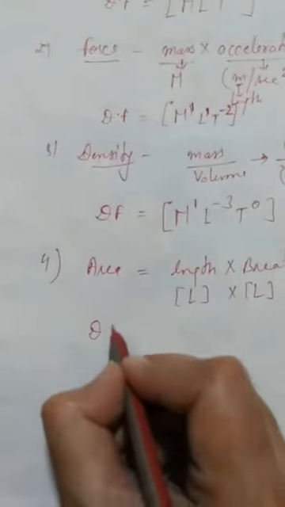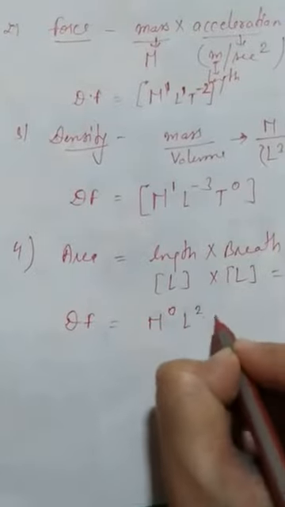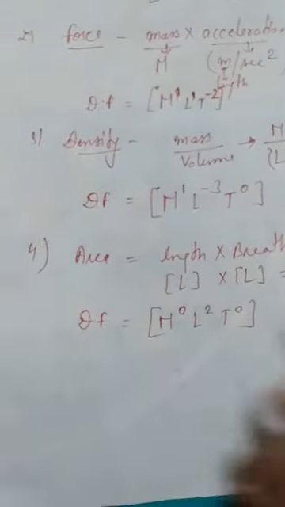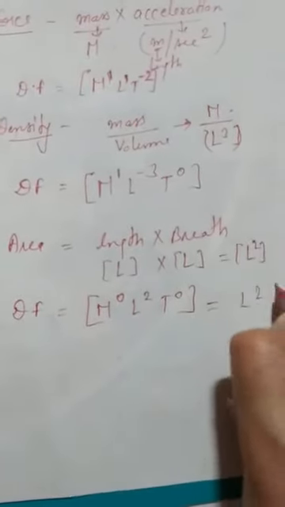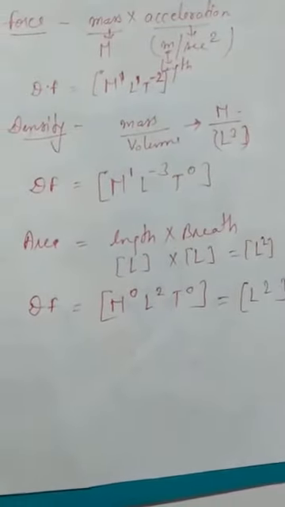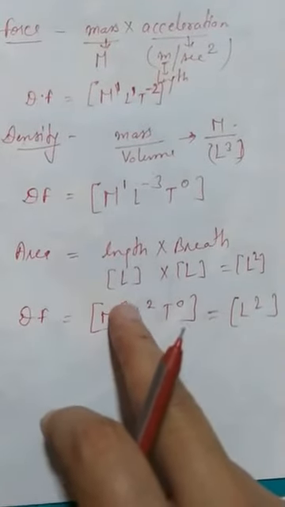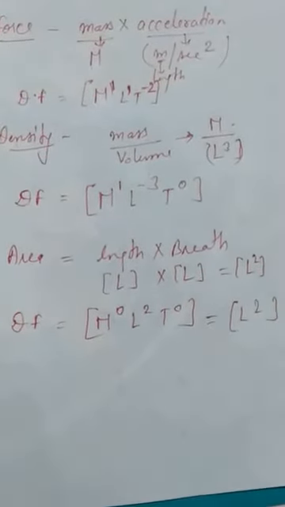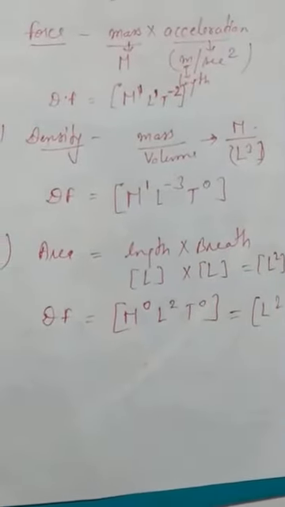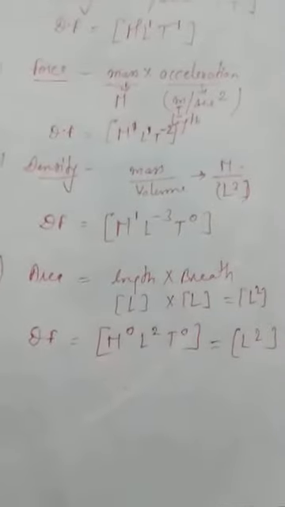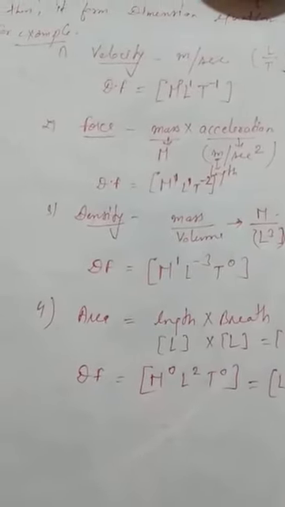In dimensional formula we write M0 L square T0 within square bracket. We can also write it without M0 and T0, because any term raised to power 0 is equal to 1. Clear to everyone? Now you can write the dimensional formula of any term.